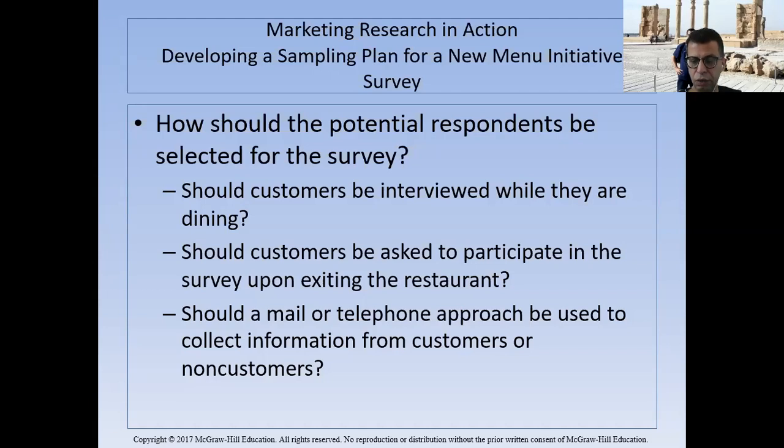While they're eating, I could give them the survey and they can answer it, or before they leave, I can give them the questionnaire, or I can ask them to leave their phone number or email, as we see so many times when we go to a store or shop for clothes or something, we give our email, and sometimes they send us a survey to answer.